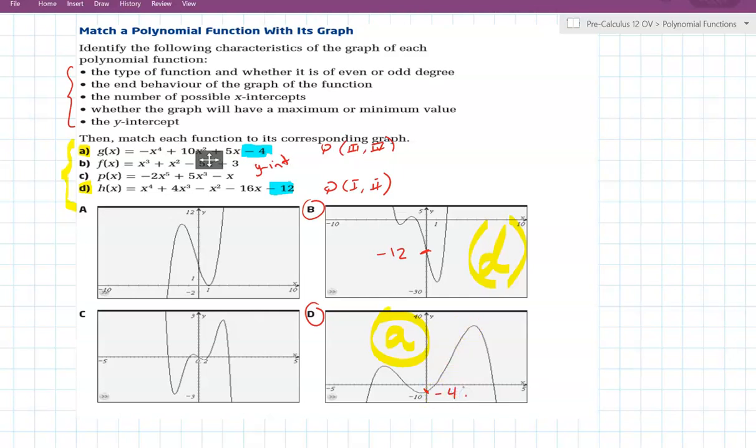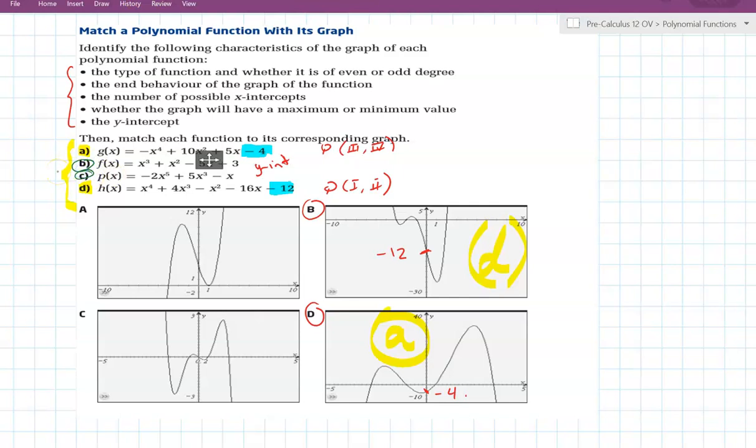Excellent. Now our idea is to look at graphs A and C and match those. One is the cubic function, the other one the quintic function. That's very easy to figure out now, because we have the cubic function, equation B, and equation C we are looking at.